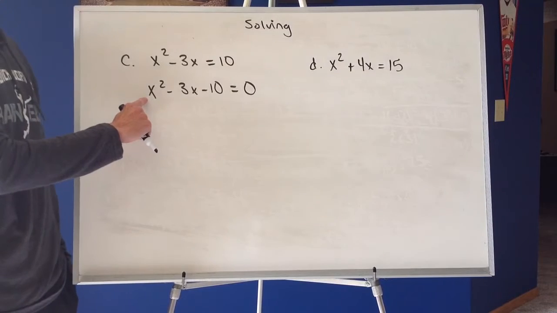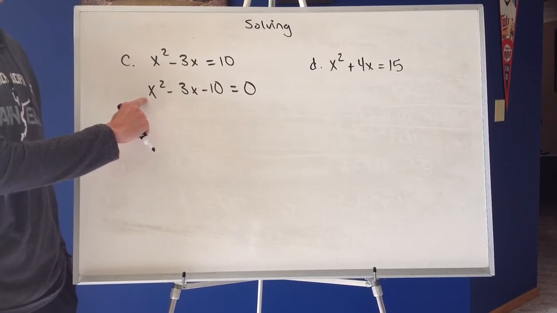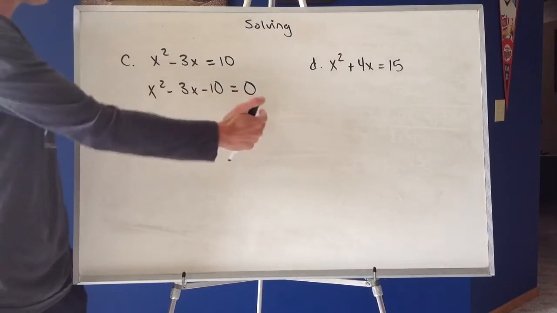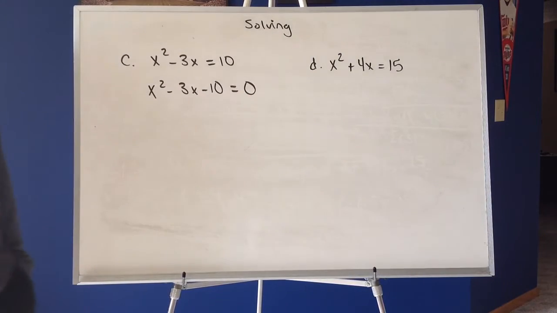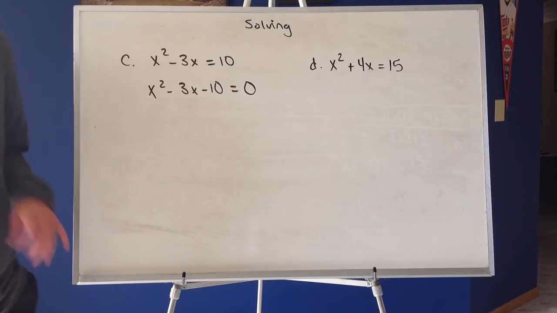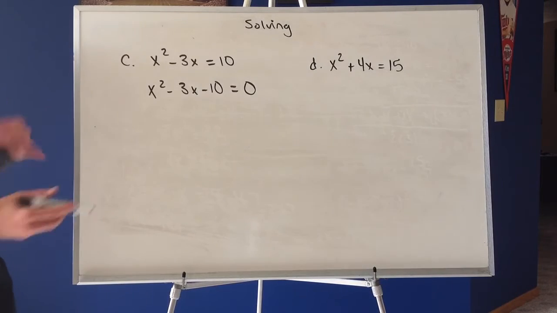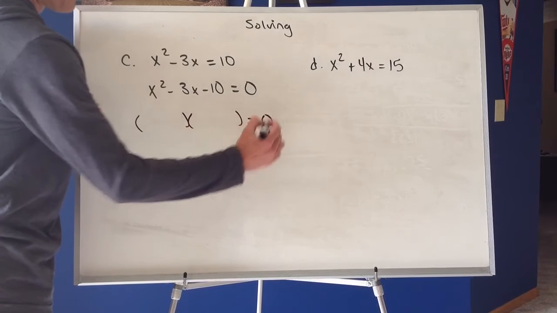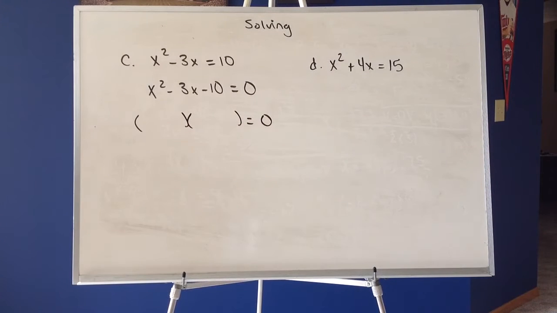You also could complete the square because there's a 1 in front of your x squared, so that would work. And then you could use quadratic formula as well on this one. So you really have 3 options here. For me personally, factoring is the quickest. If you think quadratic formula or completing the square would be quicker for you, then go ahead and use those. There's nothing wrong with that.